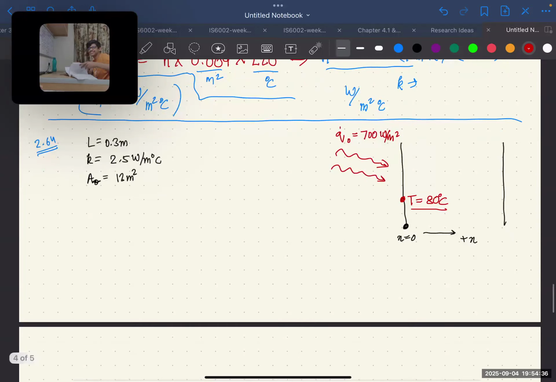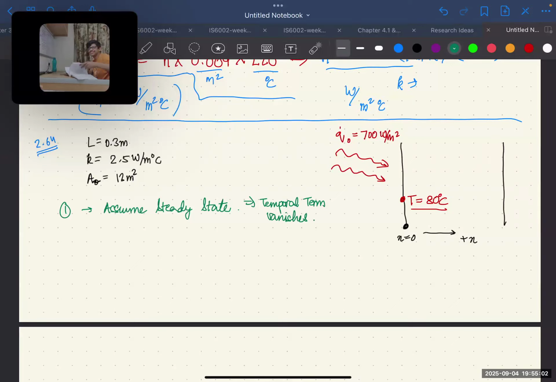Okay, steady one-dimensional heat conduction through the wall. What are the assumptions they are giving us? First, assume steady state, right? So the temporal term vanishes.